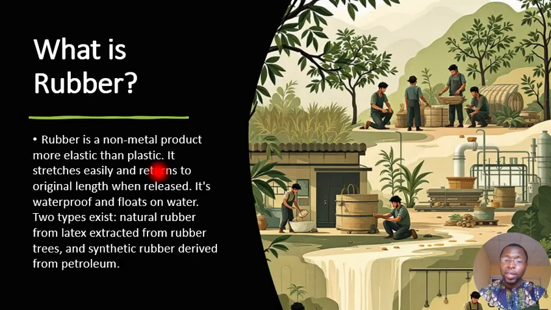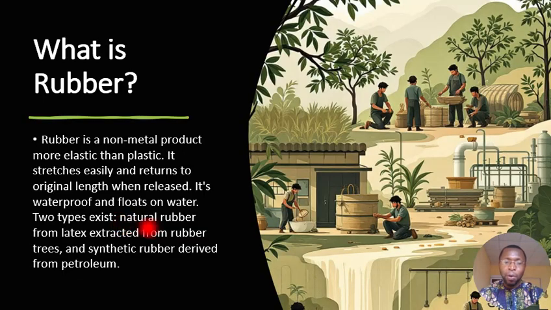So it's more elastic than plastic, and then rubber floats on water. Rubber is so light that it cannot sink. It means that the density of rubber is much lesser than that of water. And that is why it can float on water. Basically, we have two types. Just like we have two classes of plastic, we have two types of rubber.